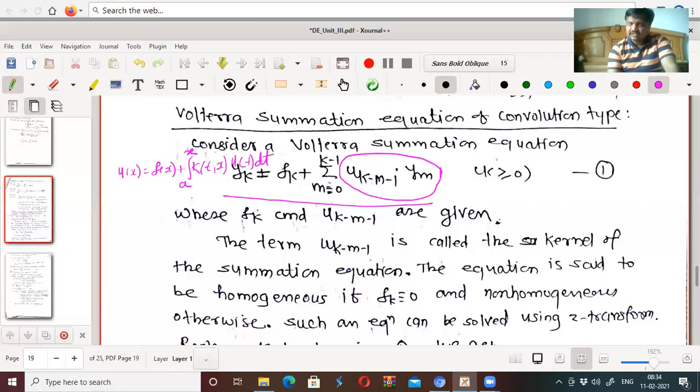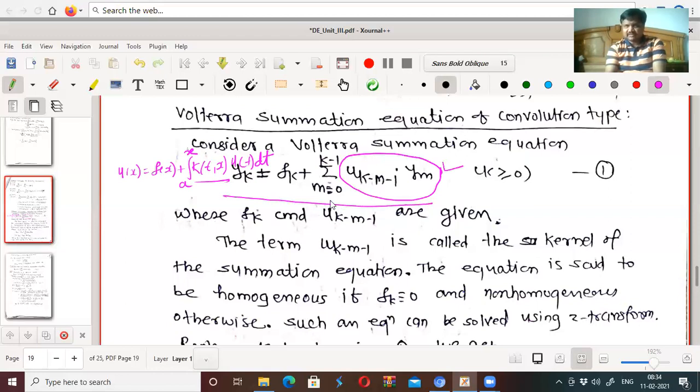This k is called the kernel of this integral equation. u of t is repeating there. In the same way, y k is also repeating here. So such types of equations are called Volterra summation equations in place of Volterra integral equations.